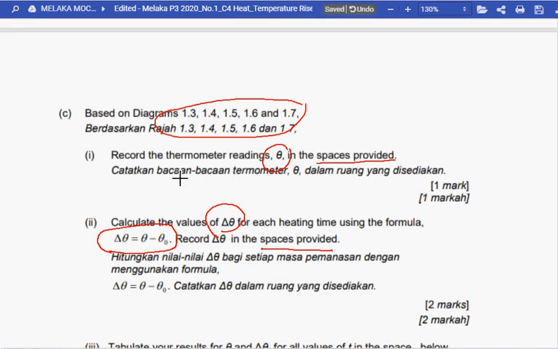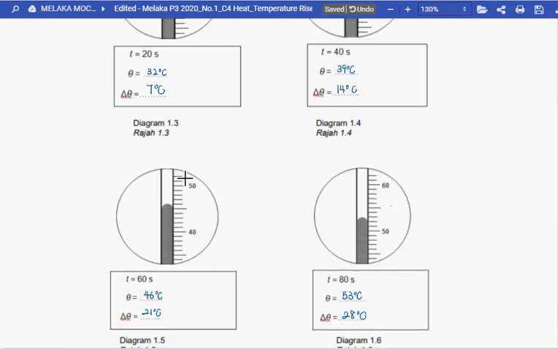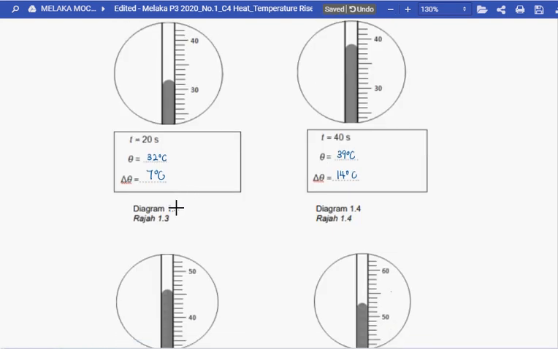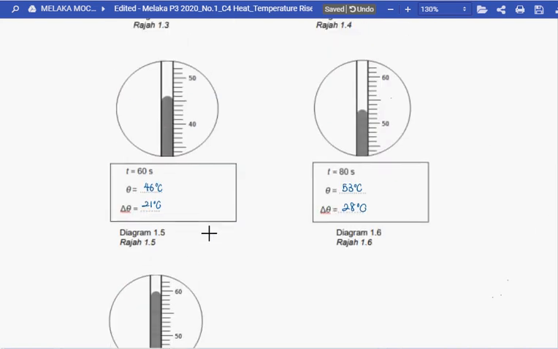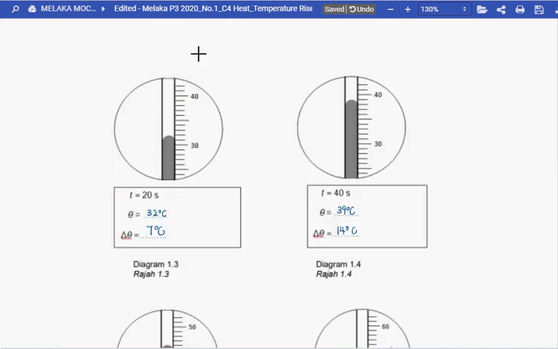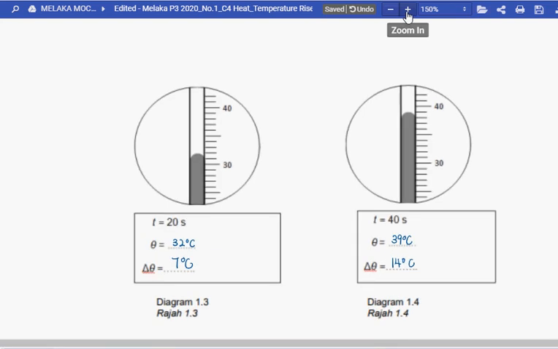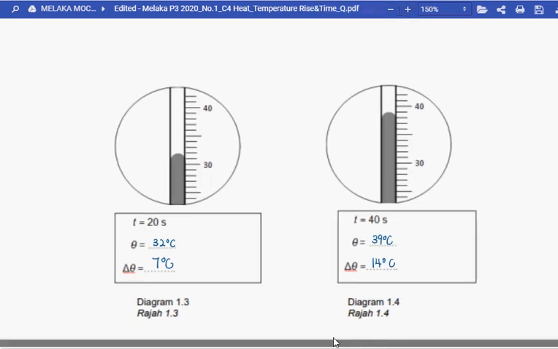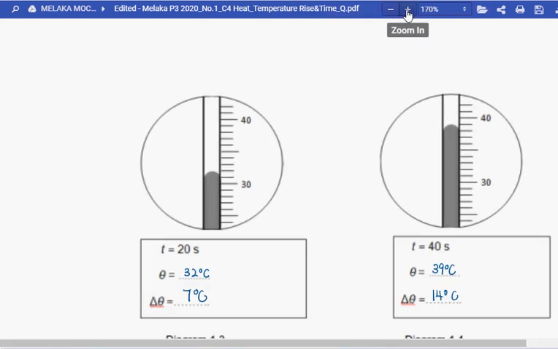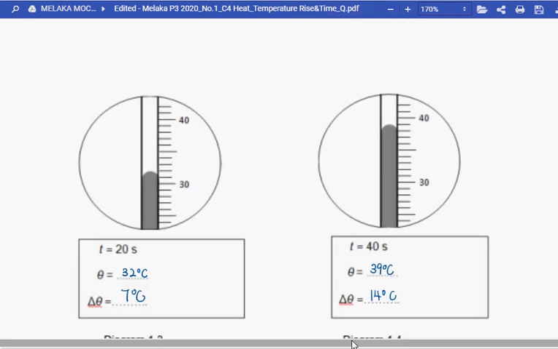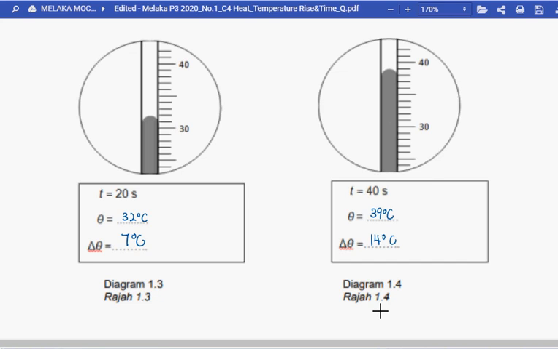Okay, we look at the answer, starting from here, diagram 1.3 until diagram 1.7. Let's zoom in. So diagram 1.3, 30, right?